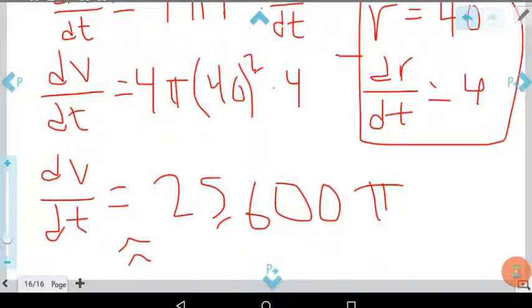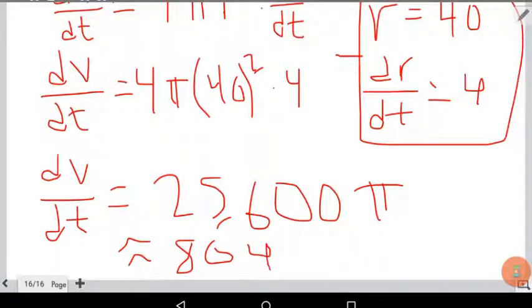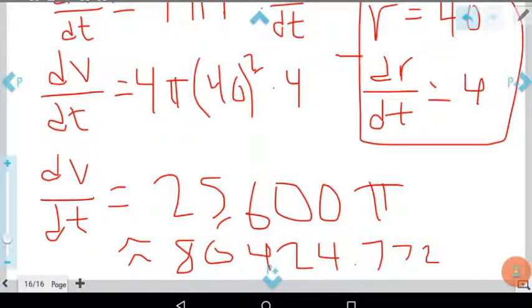And we could multiply that pi out, give us some approximation, which is about 80,424.772. And that's just going to be millimeters per second. Sorry, millimeters cubed per second.